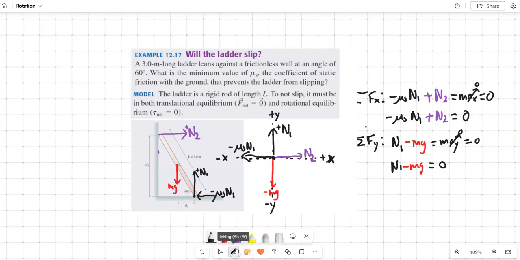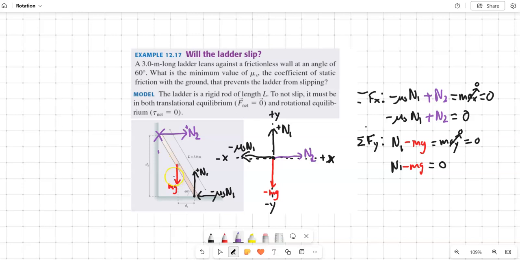So what I'm suggesting is that we make it spin, because we could choose any as our pivot point. Let's choose this as our pivot point, okay? And so that means these forces here are going to be a full distance 3.0 meters away, and this force right here is going to be a distance 3.0 divided by 2 away, right?